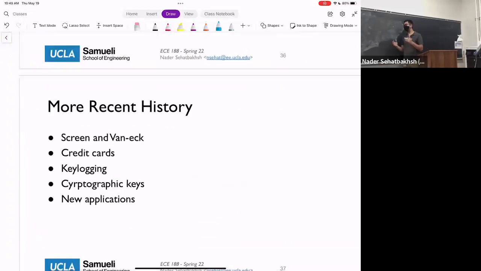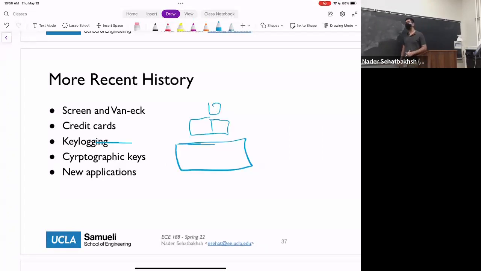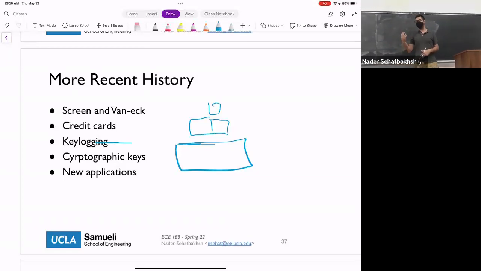To give you a little more history, the story around physical side channels evolved throughout decades. The trend is that as we use more and more electronic devices, bigger electronic devices, and a greater number of these devices, physical side channels become more and more of a problem.